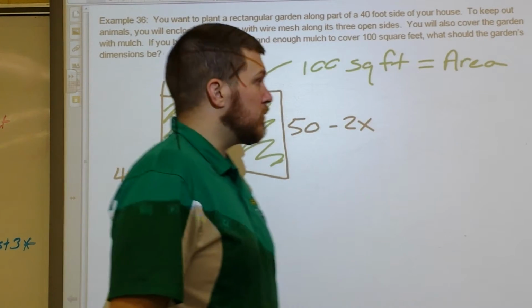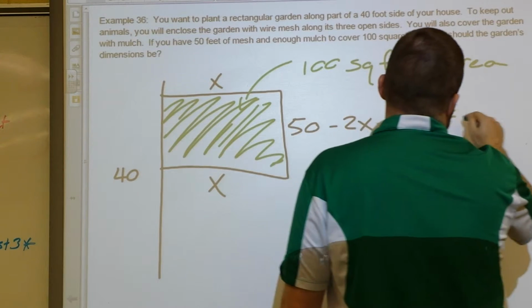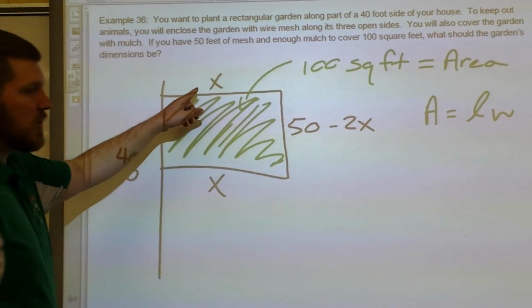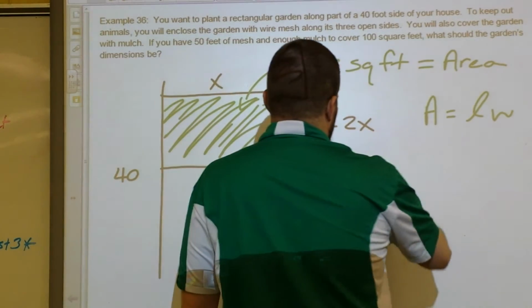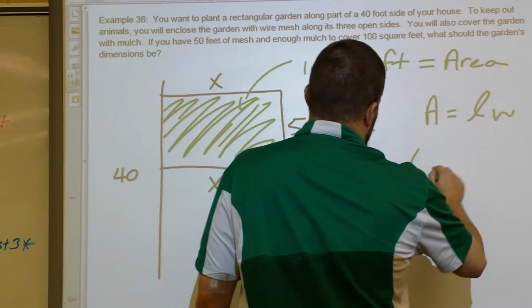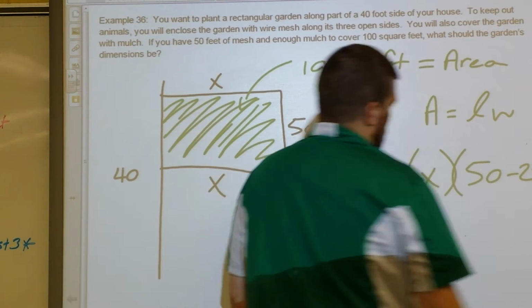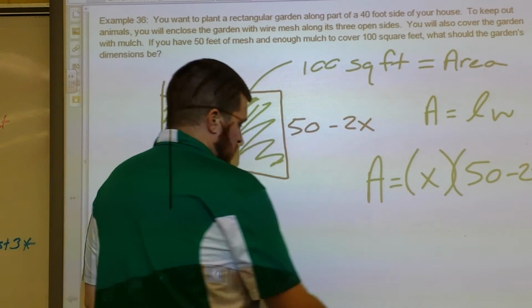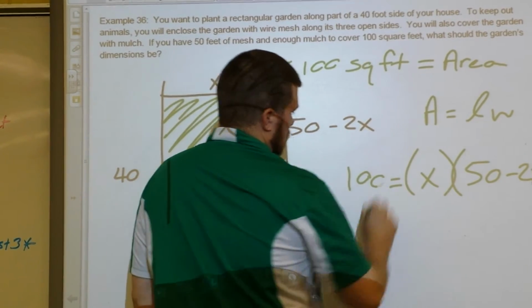And we're talking about a rectangle, so the area of a rectangle is given by length times width. But check it out, we've got length and width, so let's plug in what we know. So area is equal to x times 50 minus 2x. Okay, and we know that our area for this particular garden is 100, so let's plug that information in as well.